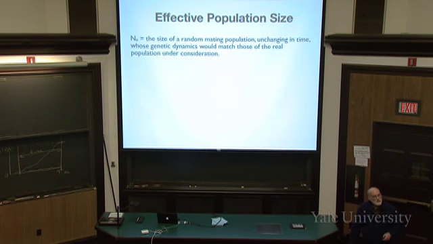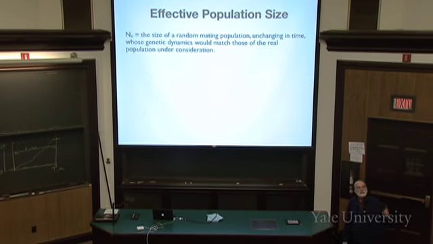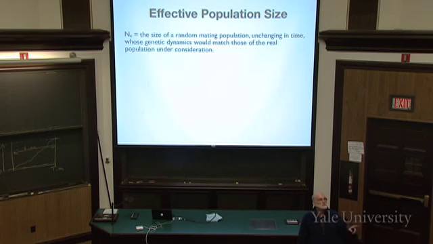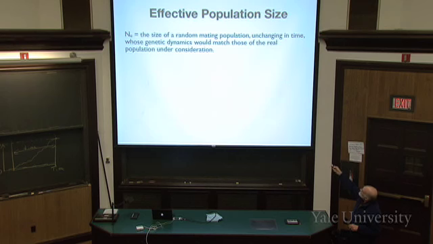Now, there is a technical concept in evolutionary genetics called effective population size. That is the size of a random mating population that is not changing in time, whose genetic dynamics would match those of the real one under consideration. We know that there are lots of violations of these assumptions, okay?